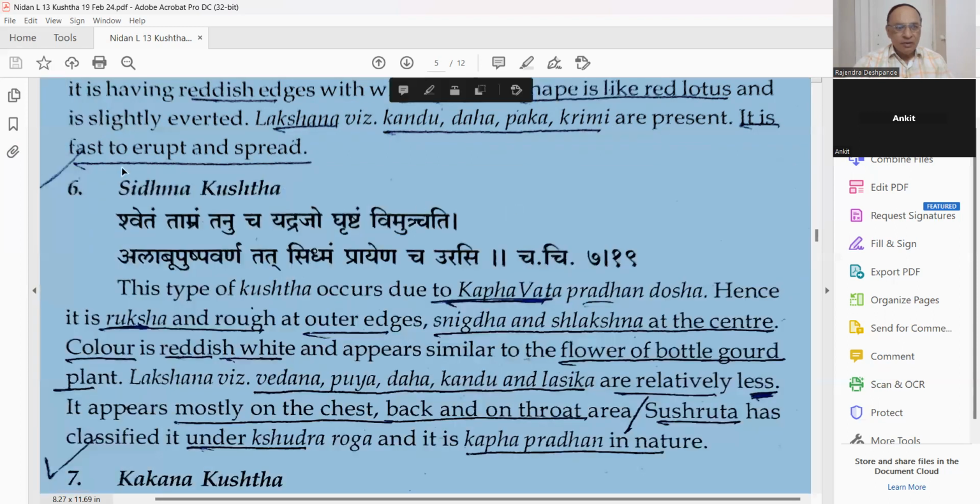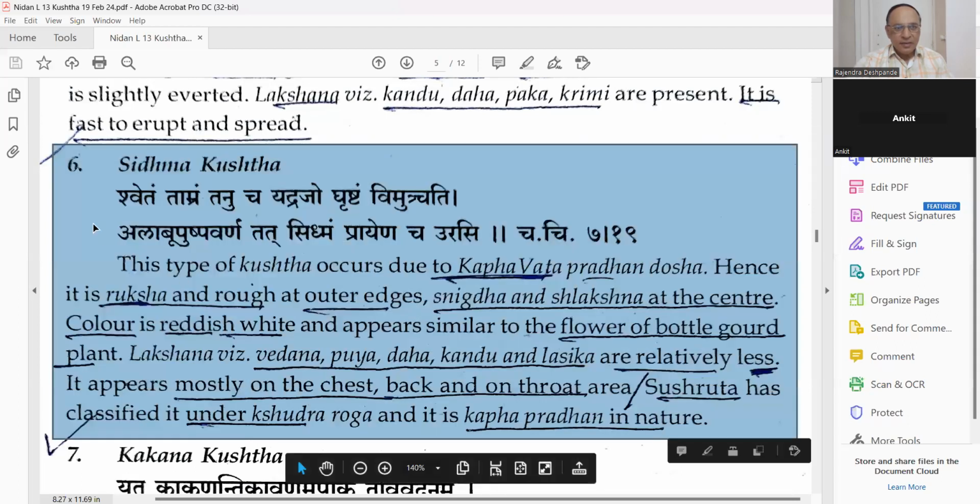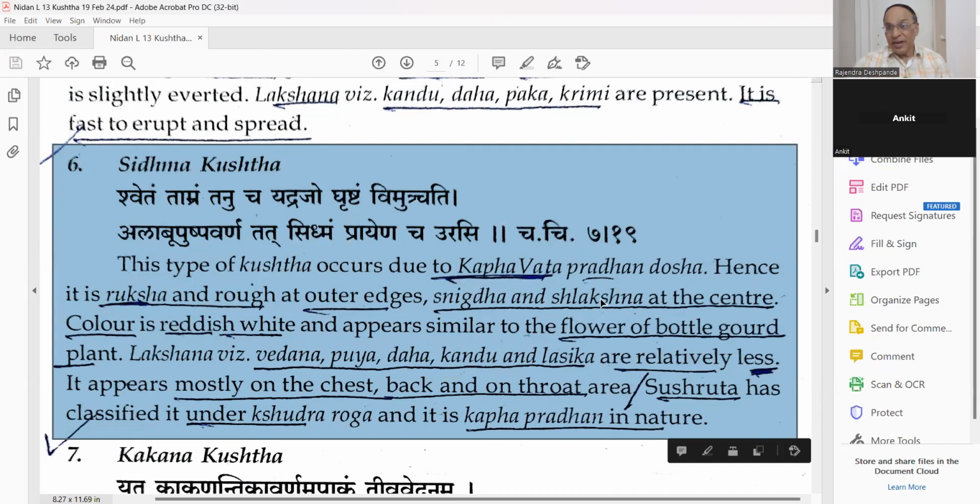Can you see? Sidhma. Number 6. This type is Kapha Vata. You always remember, at the last I have made this list, Kapha Vata. So Vata is Ruksha, and Kapha is Snigdha and Shlakshna at the center. So it's a mixture.